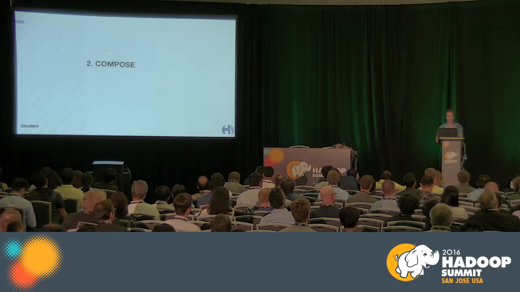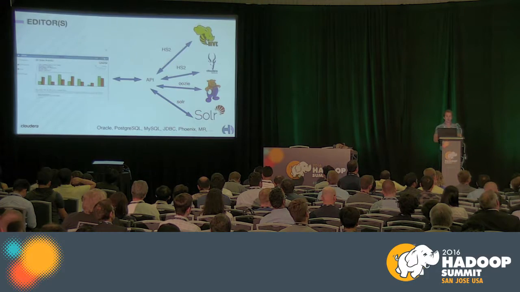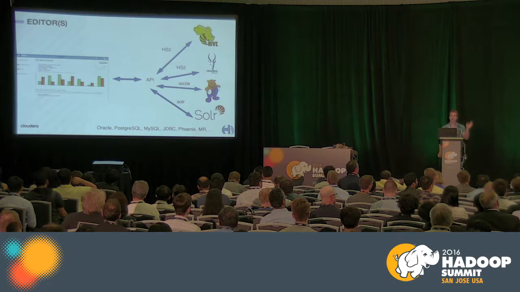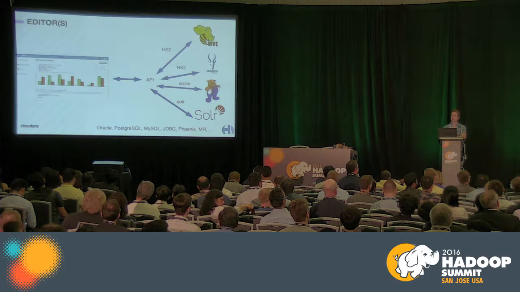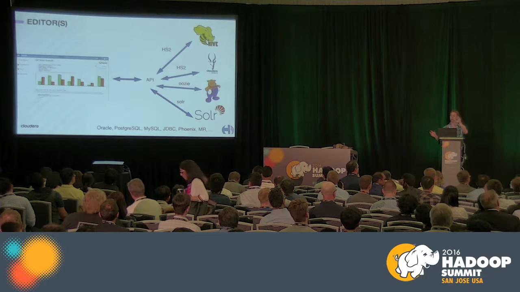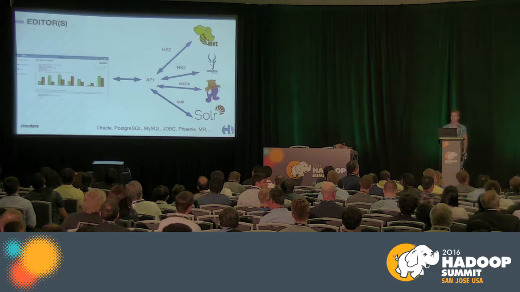When I have my data, then I will query it. In the latest Hue that we released last month, we show a new editor where all the editors are unified together. There is not one editor for Pig, one for Hive, one for Impala. 99% of the code is the same.